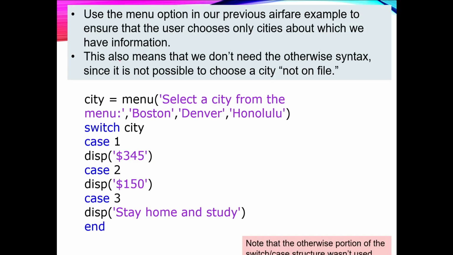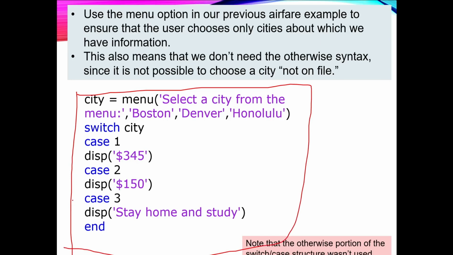So let's use the previous airfare example to ensure that the user chooses only cities that we have the information about the airfare. So this also means that we do not need the otherwise syntax, since it is not possible to choose a city that is not on file. Now this is the code for the airfare example that uses the menu function.